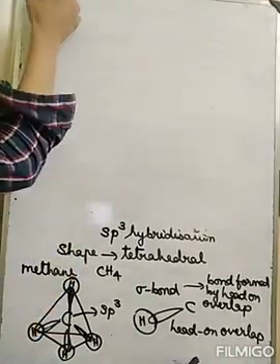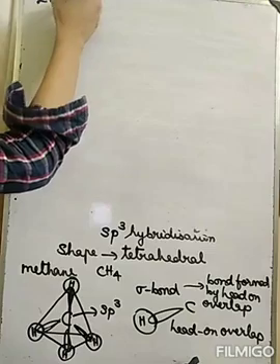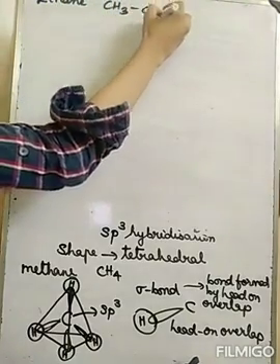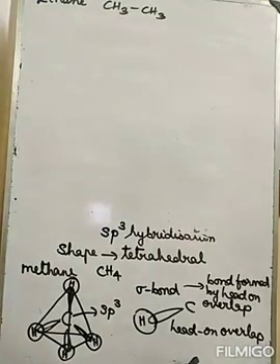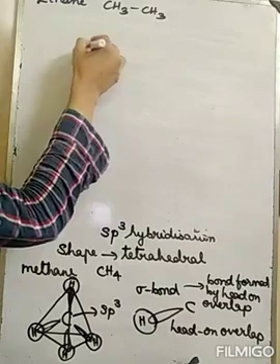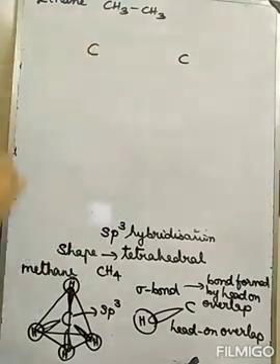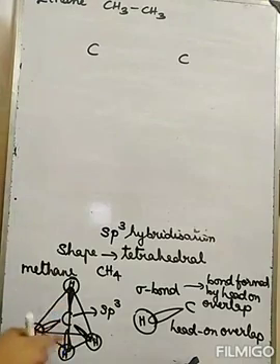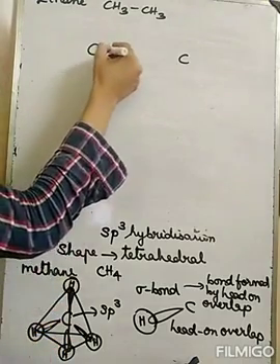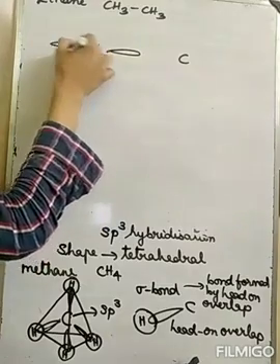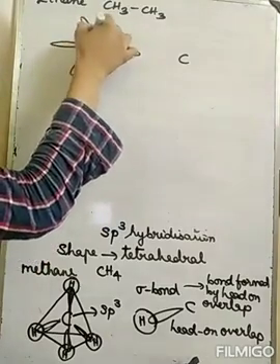Now, methane done, next we will see ethane. Ethane is CH3 single bond CH3. Okay, so CH3 means one carbon and another carbon. I told you carbon will have 4 orbitals we have to draw. So 1 orbital, 2 orbital, 3 orbital and 4th orbital.